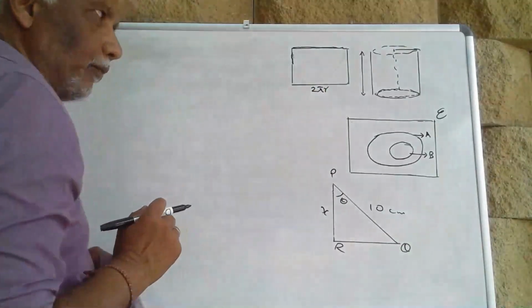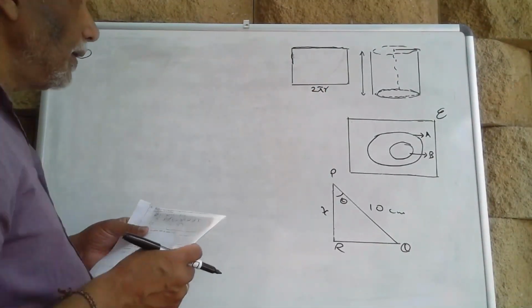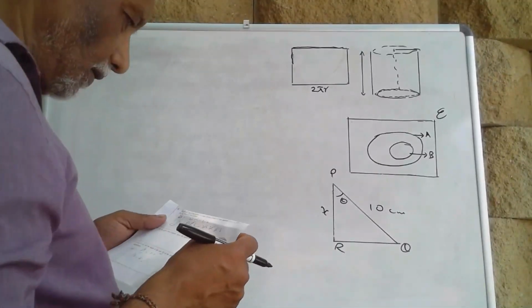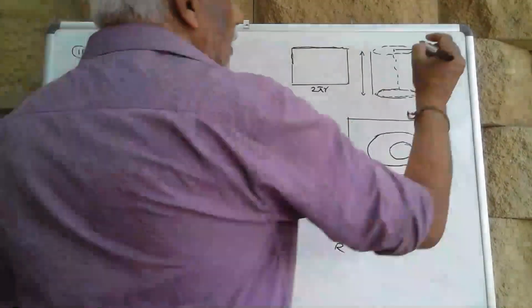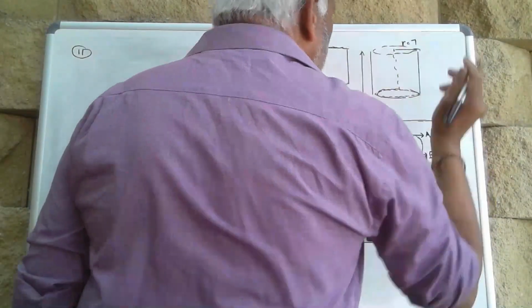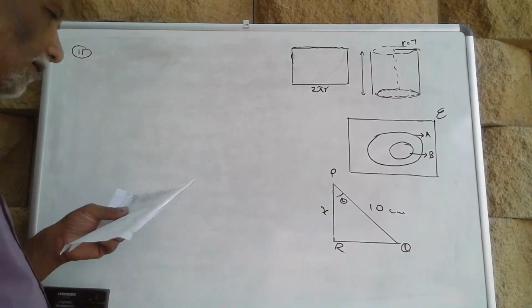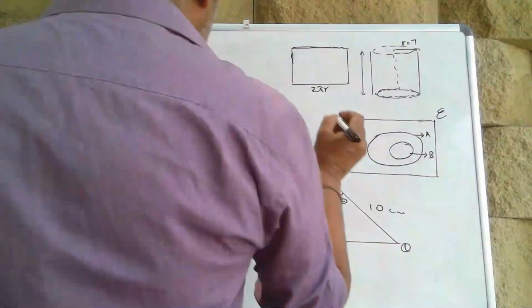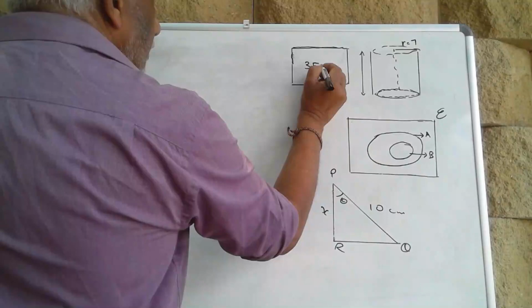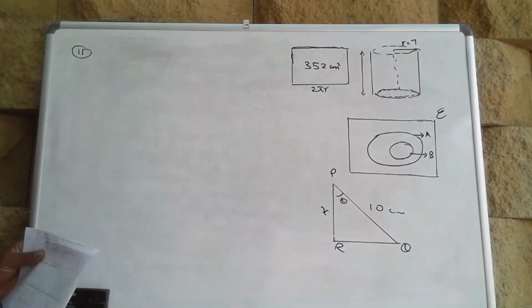And the diameter of the circle is 14 centimeters. Therefore, the radius must be equal to 7. Again, the total surface area is given as 352 centimeters squared.